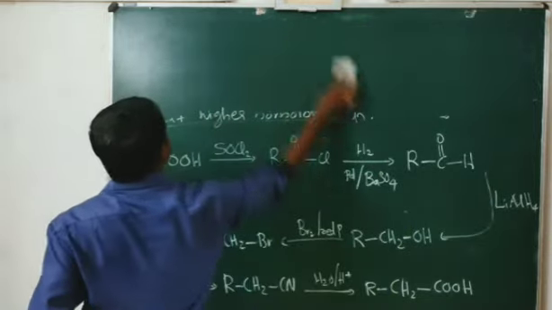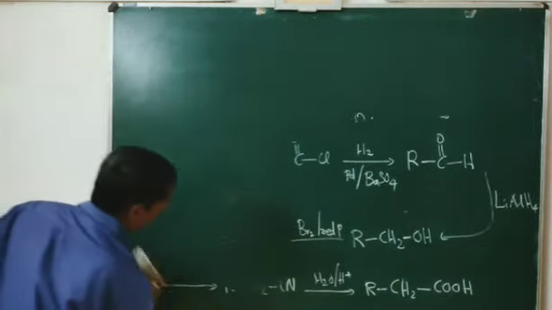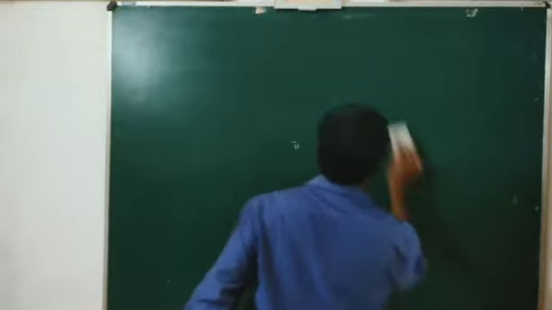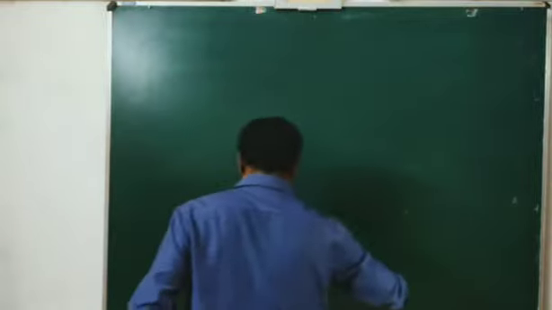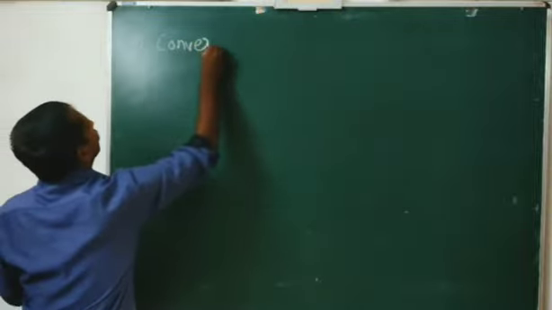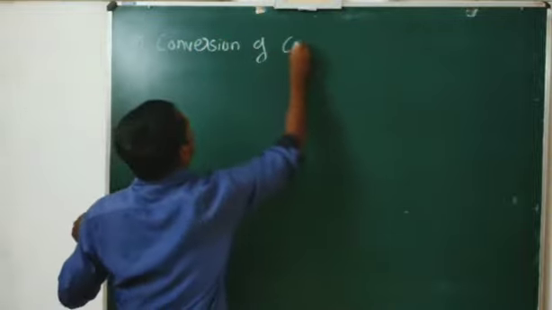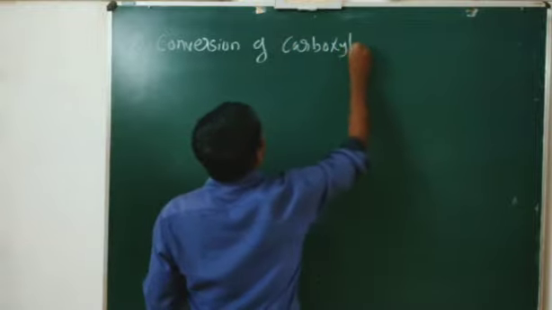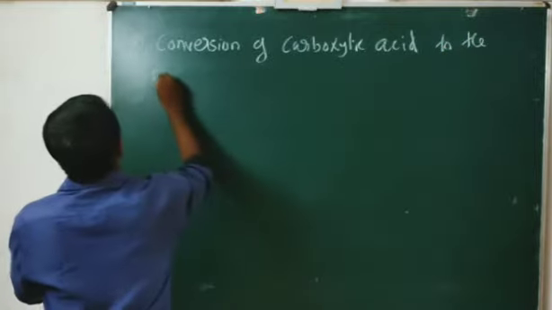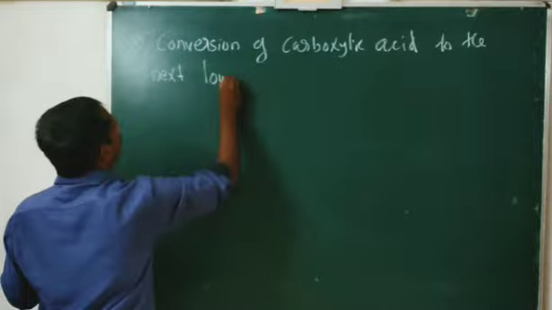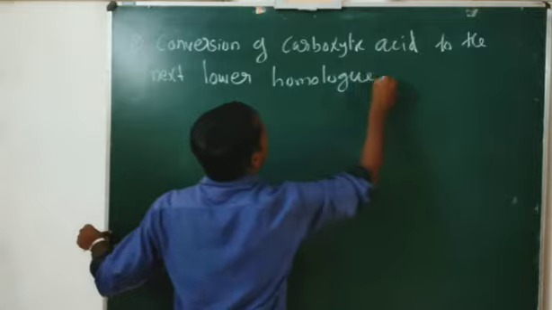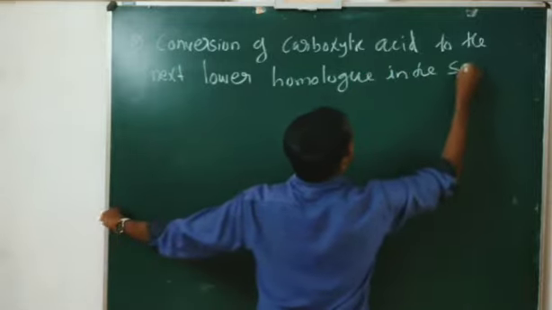Next is descent. So what is the next heading? B. Conversion of carboxylic acid to the next lower homologue in the series.